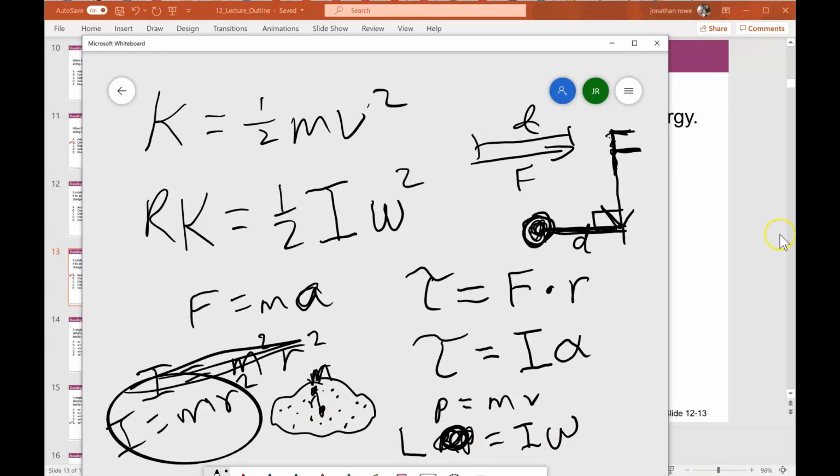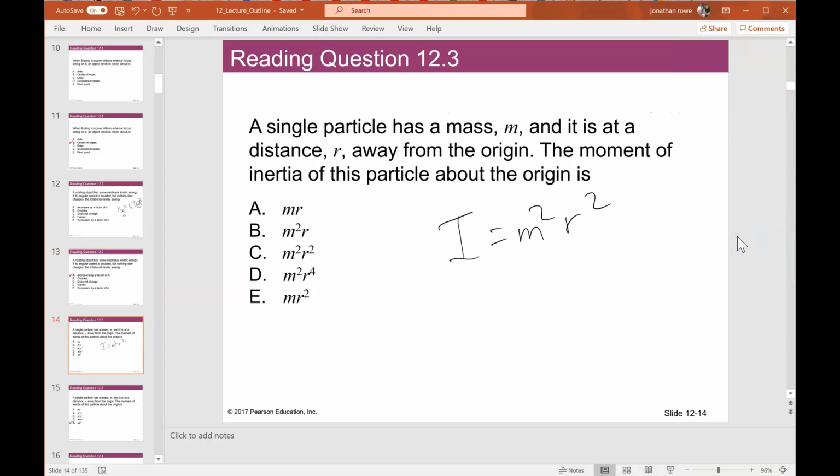All right, back to the question here. If I is m r squared, a single particle has a mass m and it is a distance r away from the origin, then the moment of inertia for this particle about the origin is what? Should be just E, and it is.